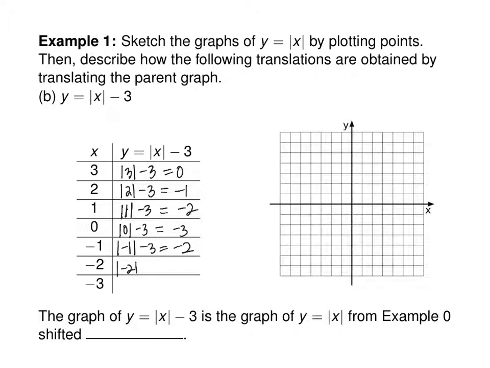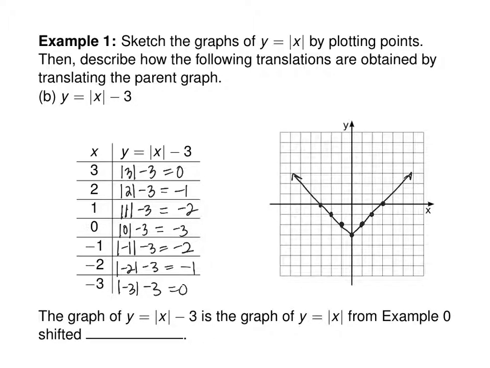Absolute value of negative 2 minus 3 will be negative 1. And the absolute value of negative 3 minus 3 will be 0 again. So over 3 up nothing, over 2 down 1, over 1 down 2, over 0 down 3, back 1 down 2, back 2 down 1, back 3 down none. And you can see that V shape again.